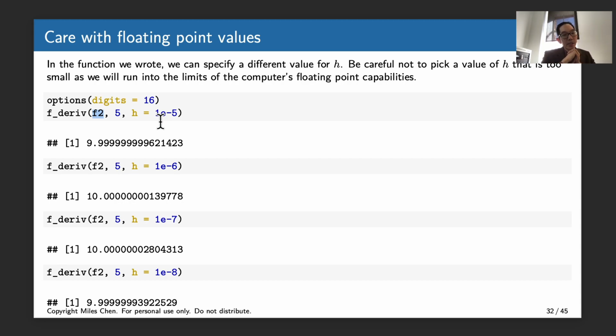And again, the question is, why not just shrink h to be as small as possible? Because theoretically, it is as h goes to 0. So why are we using 10 to the minus 6? Why don't I use something even smaller? But again, the computer is not handling real numbers. They're using floating point numbers. And with floating point numbers, you only get a certain amount of precision, and we start running into problems.